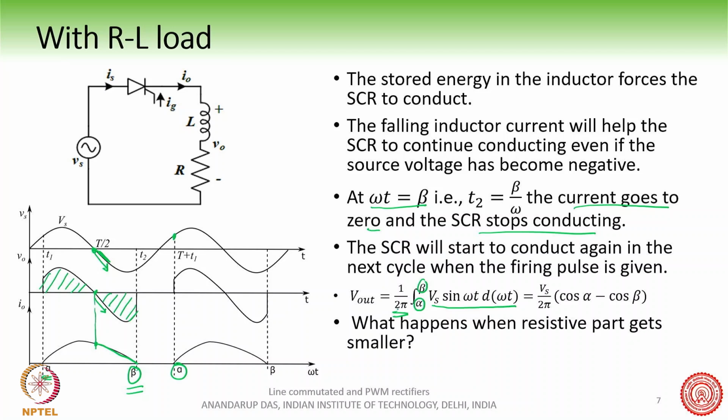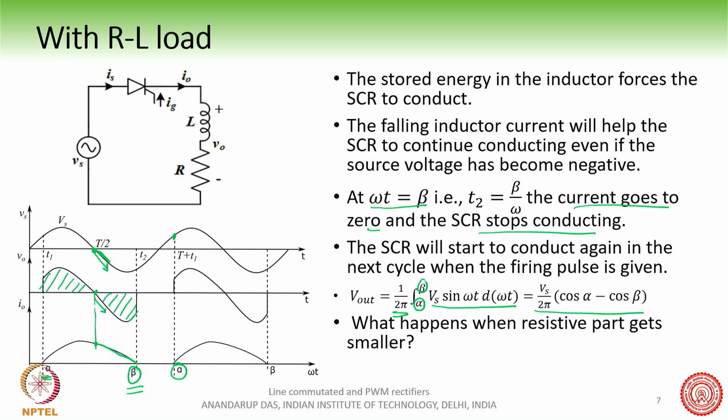When you substitute these values you will get this result. You can see that the average output voltage depends on both the angles alpha and beta. Alpha is called the firing angle and beta is called the extinction angle.